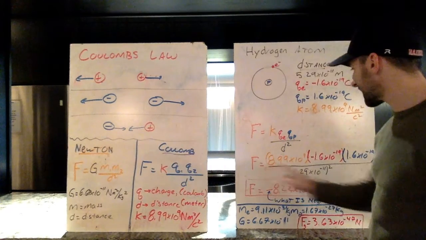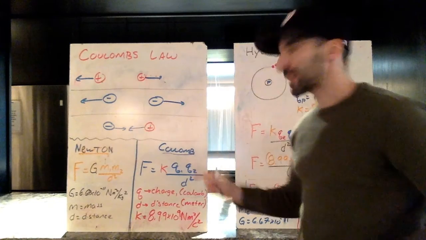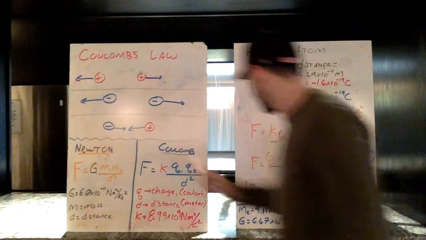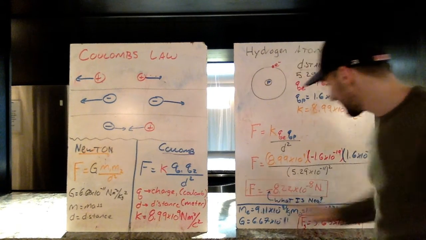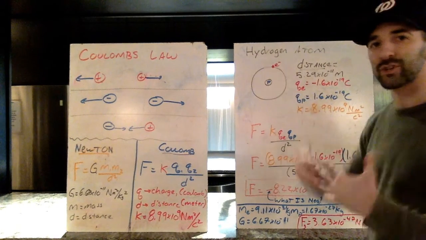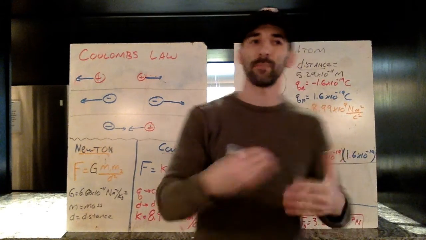So if my force came out to be positive, those objects repel each other. Lastly, I have a negative object and a positive object. A negative times a positive comes out to be negative. So that means this is an attractive force. I know that those two objects should attract each other, which again was one of the problems we had when we were trying to model the atom.